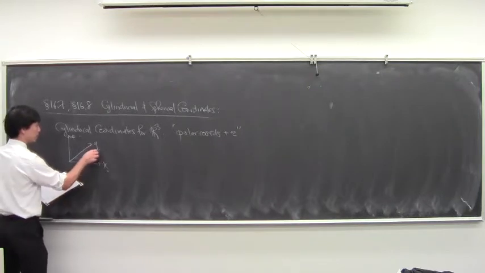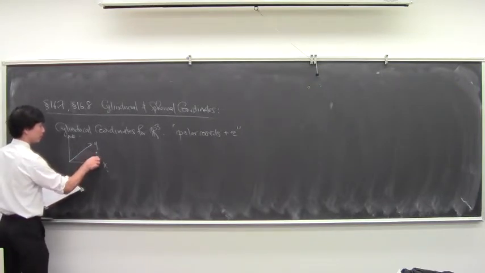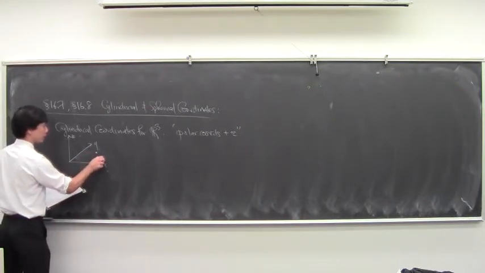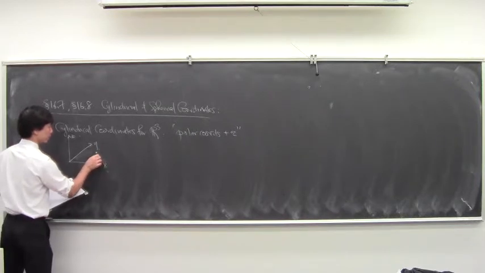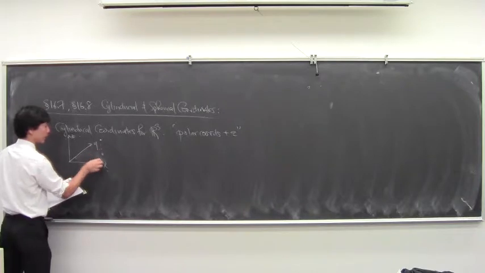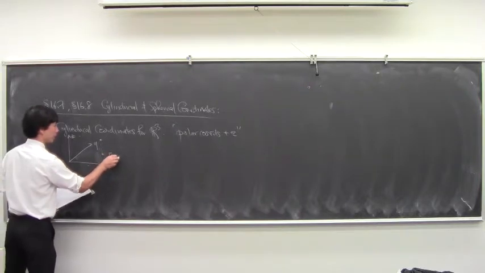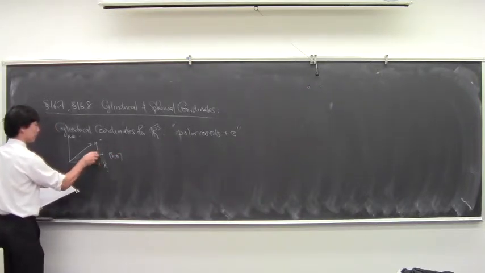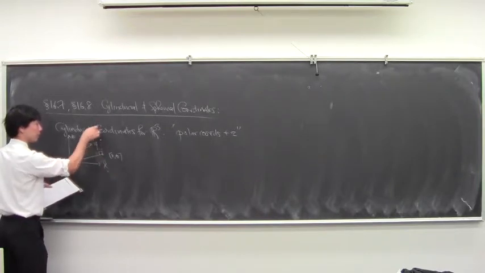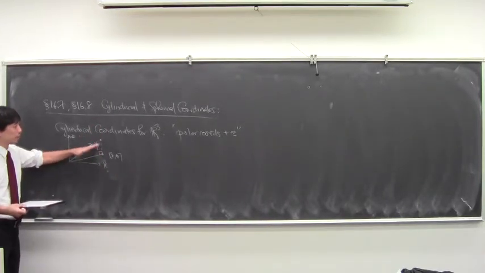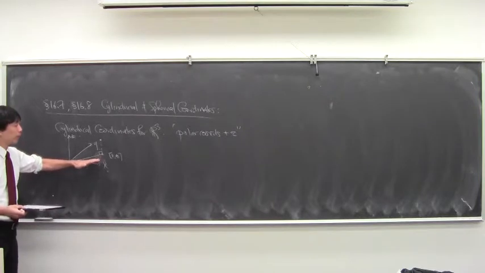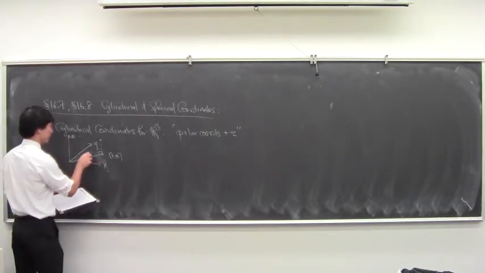What you do is drop down to here. This point is x, y. So you have some point, drop it down to the xy plane, and take its polar coordinates, r, theta. So here we project perpendicularly down onto the xy plane, and then you take its polar coordinates, so this is r and this is theta.